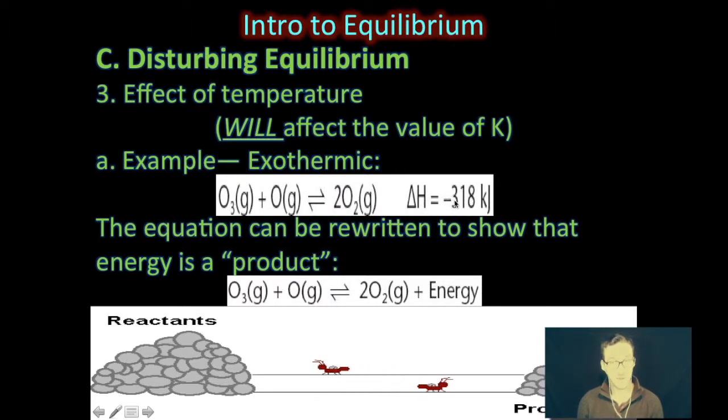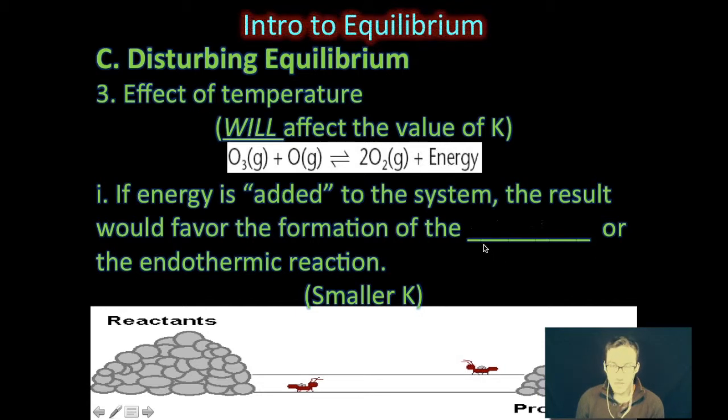And if it's exothermic, your heat is essentially going to be a product or given off in an exothermic reaction. And so as you look at how we've rewritten that here, we put energy in as a product. And that's going to be very helpful. Always rewrite your thermochemical equation with the energy as a product in this case, or as a reactant in an endothermic reaction.